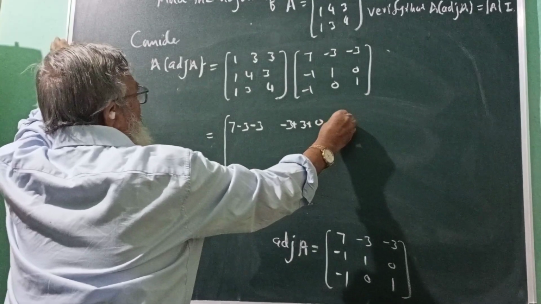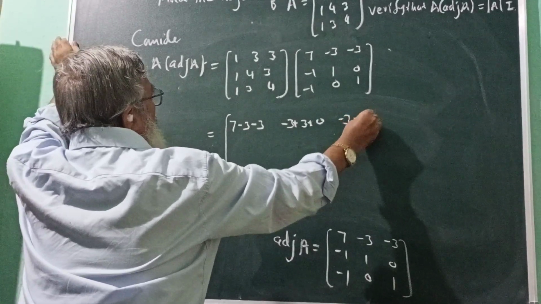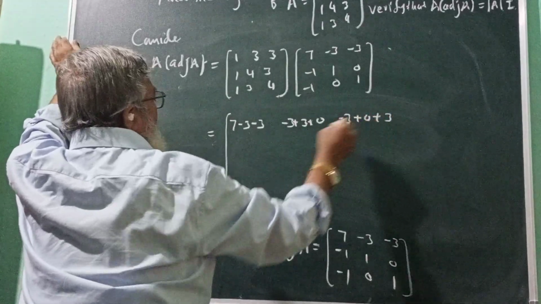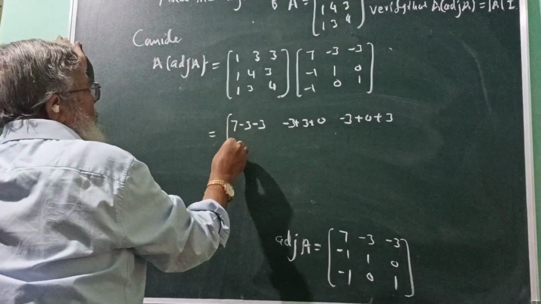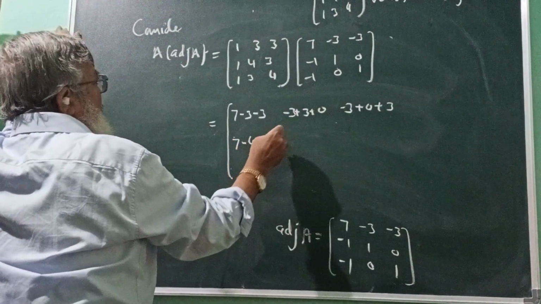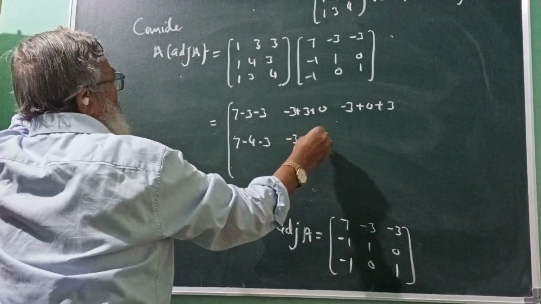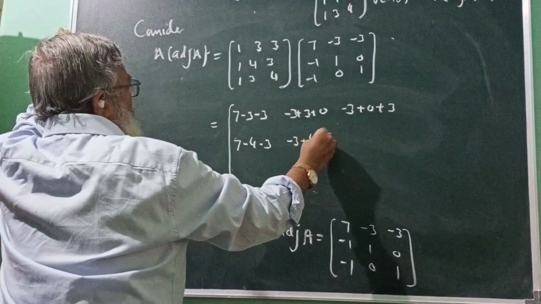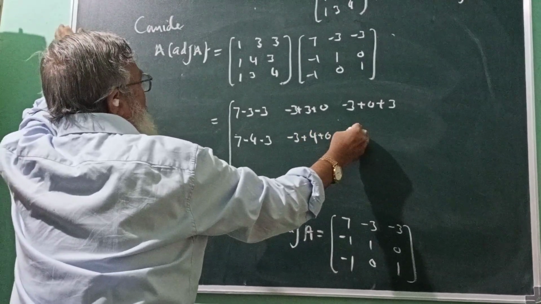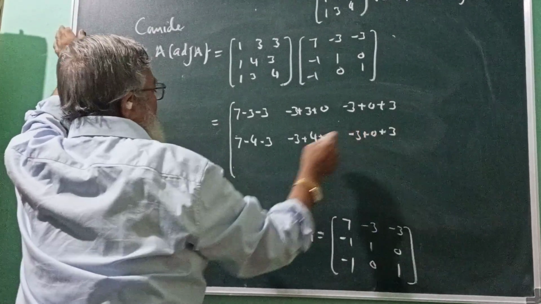First row, third column, 1 into minus 3, 3 into 0, 3 into 3. Now you see here, second row, 7, minus 4, minus 2, minus 3, plus 4. It is plus 3 into 0 is 0 here. It is minus 3 plus 0 plus 3.